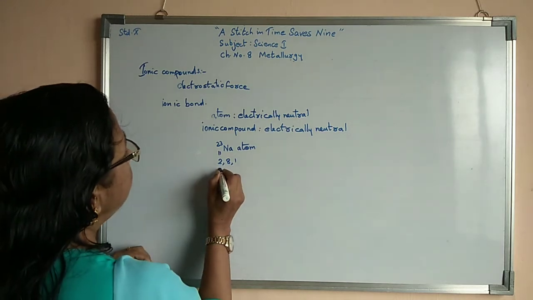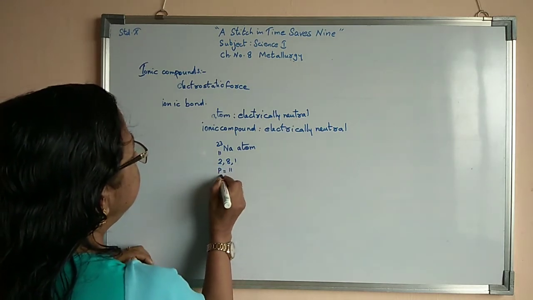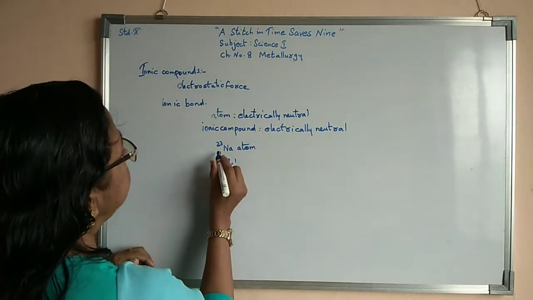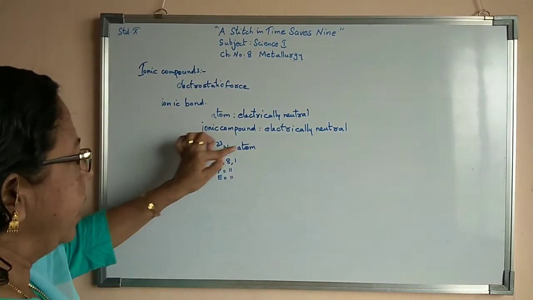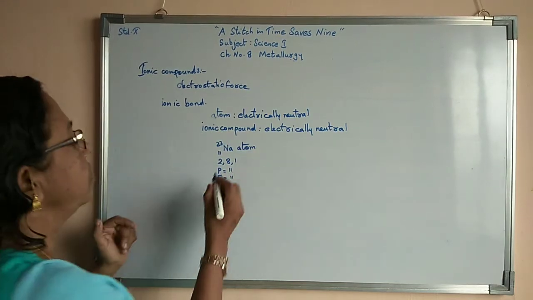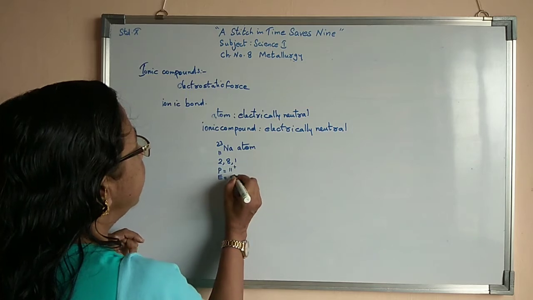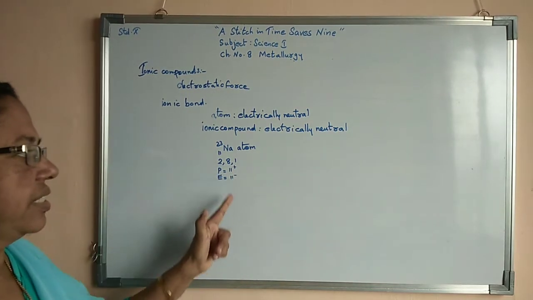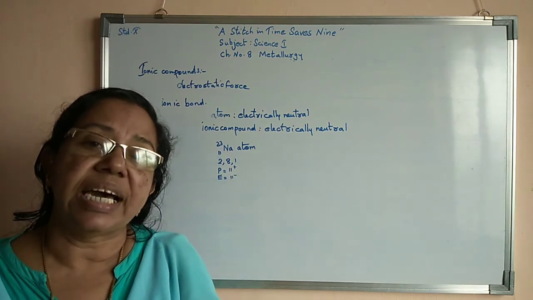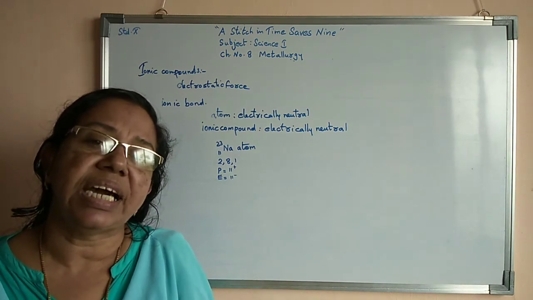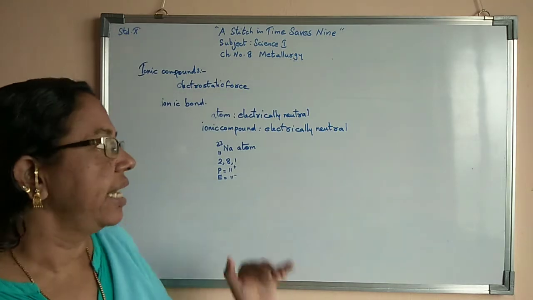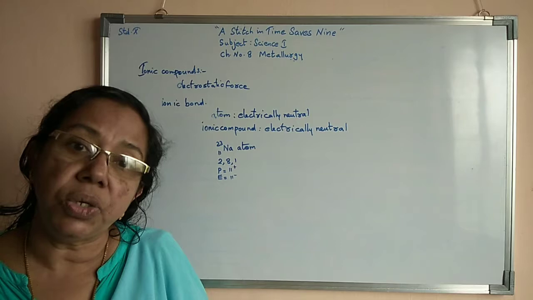Protons number 11, electrons number 11. So, in an atom, equal numbers of protons have positive charge and electrons have negative charge. So, in an atom, equal numbers of positively charged as well as negatively charged particles are present. So, we can say that an atom is electrically neutral.